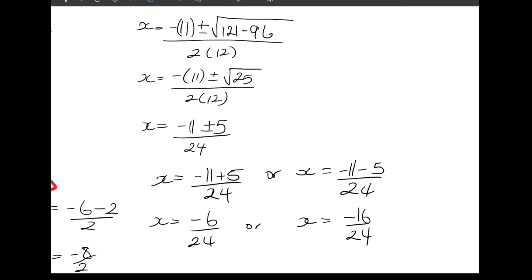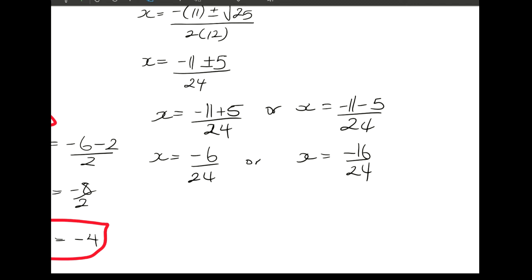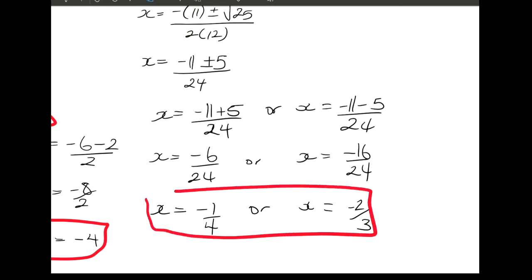You can leave it like this, or you can work it down a bit further, and you're going to get x is equal to negative 1 over 4, or x is equal to, we could cancel both of those by 8, you're going to get negative 2 over 3. Okay, so therefore our answer is x is negative 1/4, or x is equal to negative 2/3.